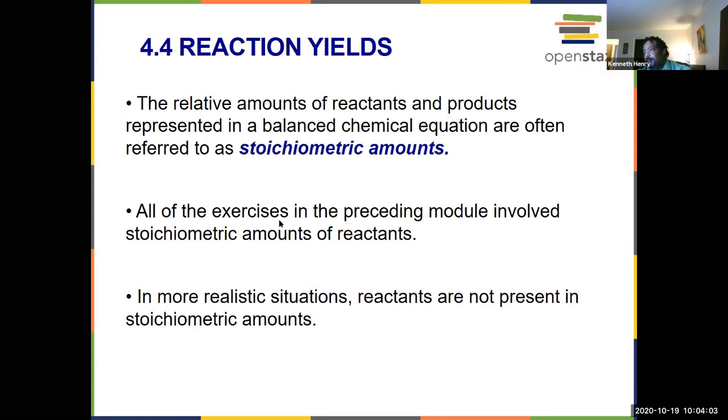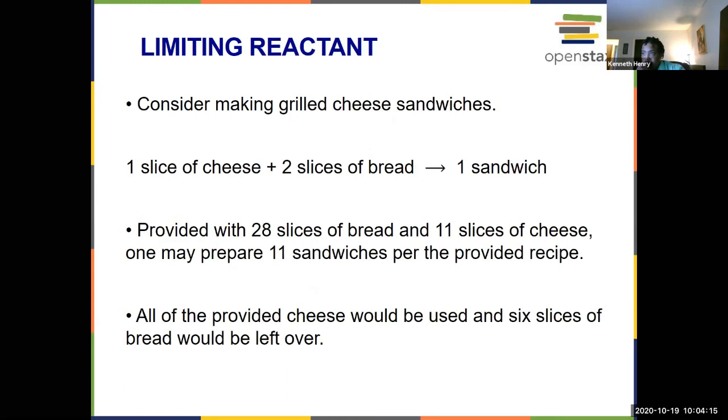So what's in excess? What do we have extra of? And what do we have not enough of? Limiting cheese and excess bread. Okay, so we're limited by cheese, right?